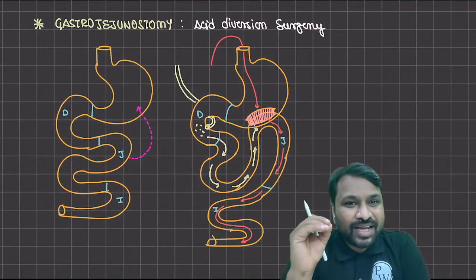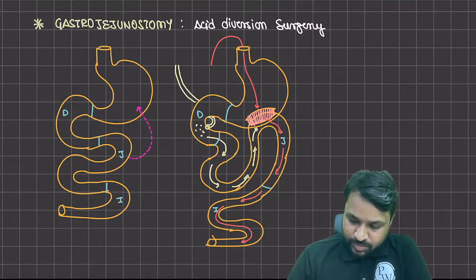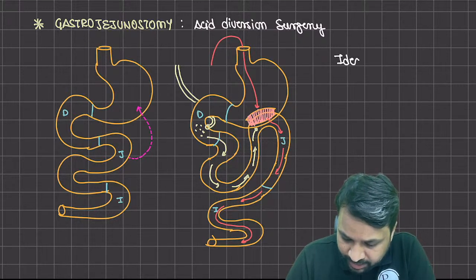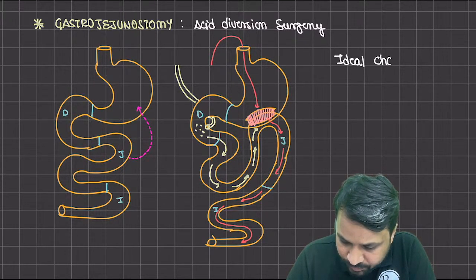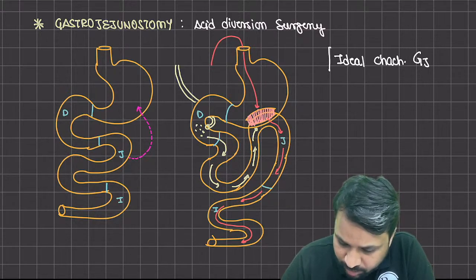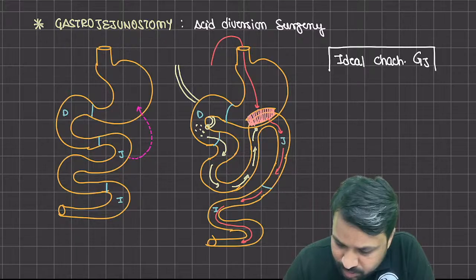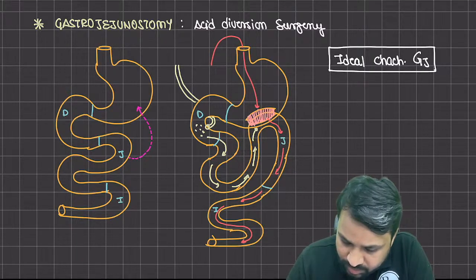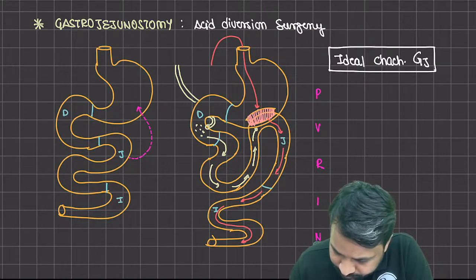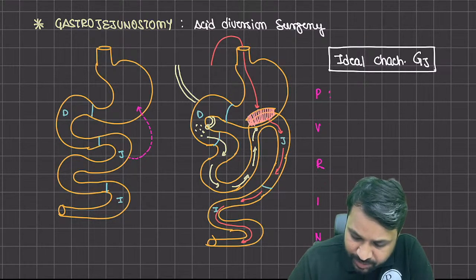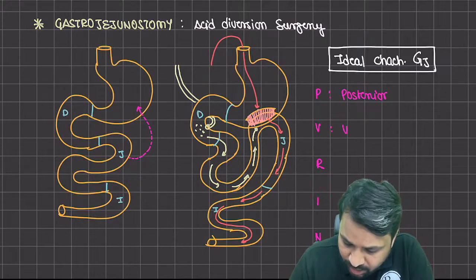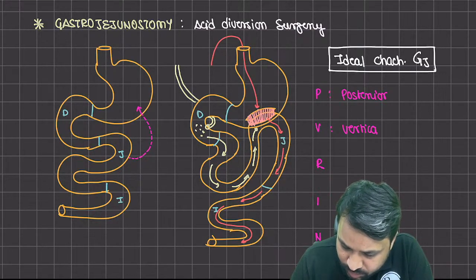Now, what are the ideal characteristics of a gastrojejunostomy? If I have to give you the characteristic features, remember a small mnemonic called the PV ring. PV ring gives the ideal characteristics. P: it should be a posterior anastomosis. V: it should be a vertical anastomosis.